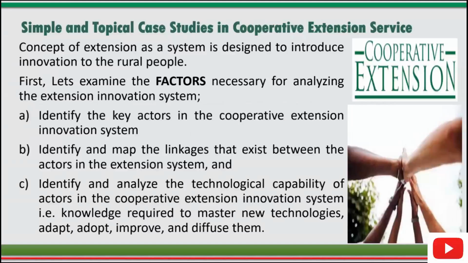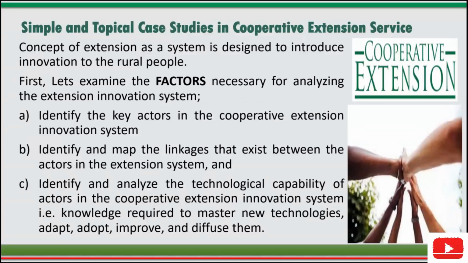The concept of extension as a system is designed to introduce innovation to the rural people. First, let's examine the factors necessary for analyzing the extension innovation system. One, identify the key actors in the cooperative extension innovation system.